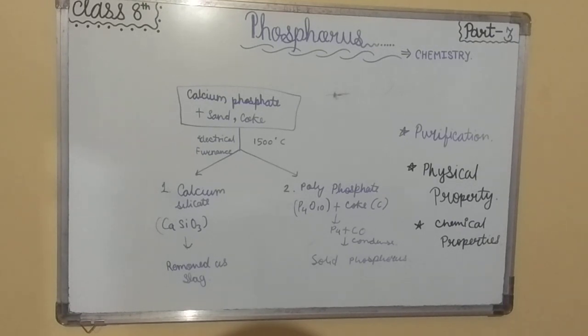Second, air combustion reaction. Phosphorus is very reactive and catches fire in air because of its low ignition temperature, 35 degrees Celsius. It forms white dense fumes of phosphorus pentoxide.